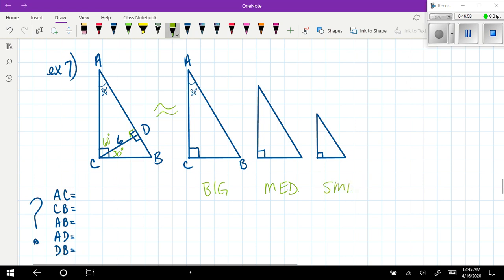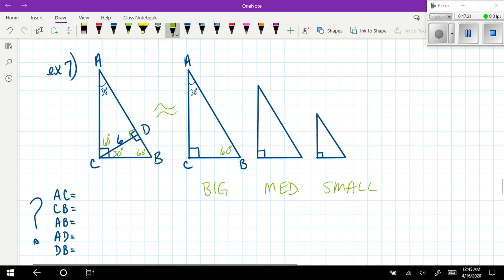Small. But in the big triangle, I have a 30-degree angle and I have a 90-degree angle. So therefore, I must have a 60-degree angle, which means this angle B over here has to be 60. You just kind of imagine that the middle thing isn't even drawn, and then you can see the great big triangle. Okay? I don't want this to get too messy though, so I'm going to erase that.